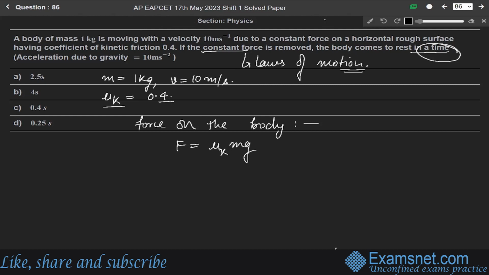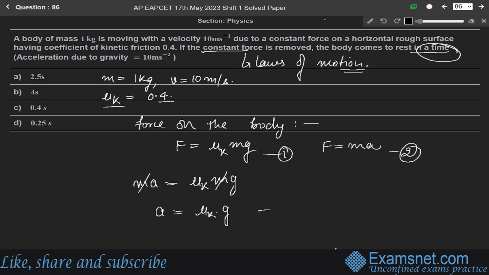And we all know that force is equal to mass into acceleration. So from first and second, mass into acceleration will be equal to the coefficient of friction into mass into gravity. This mass cancels. So a will be equal to mu k into g.